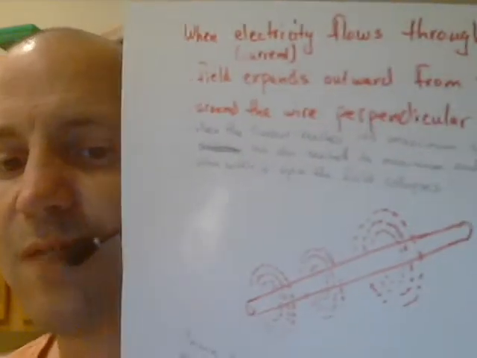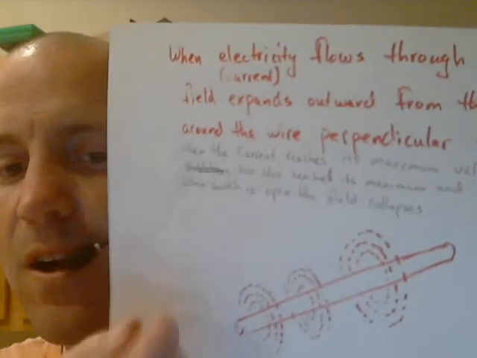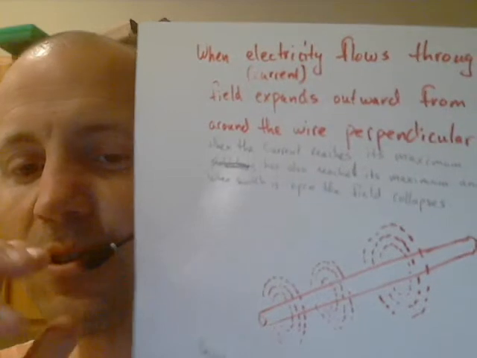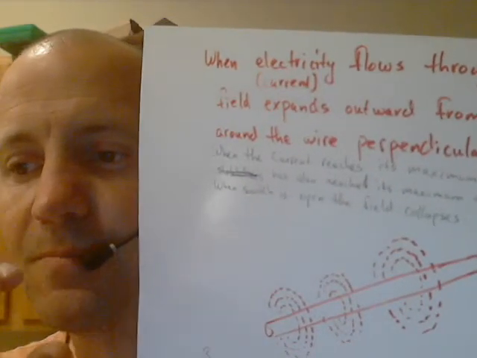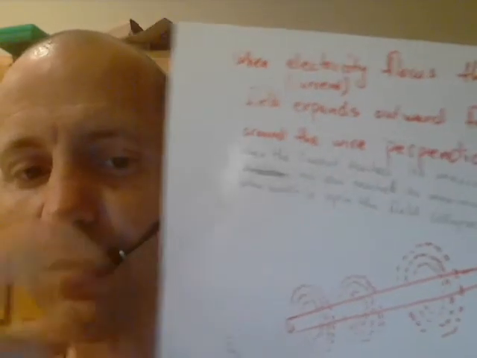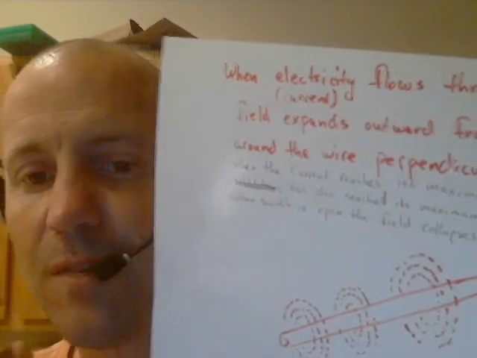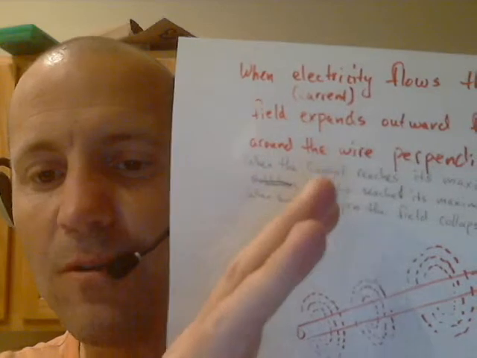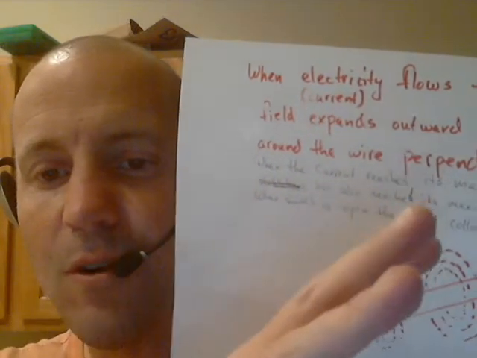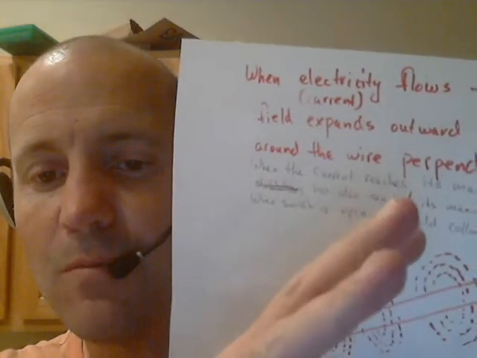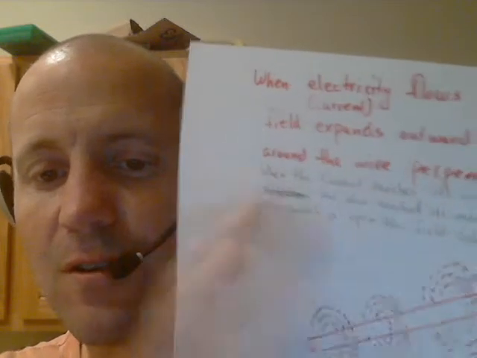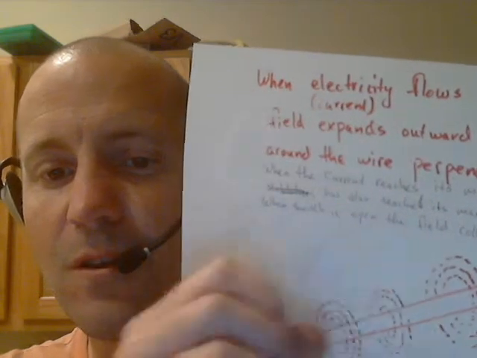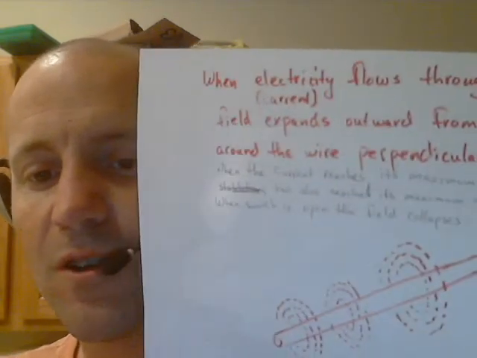So we can take advantage of this by wrapping our wire into a coil, so that we have a bunch of turns of wire right next to each other. As the magnetic field expands outward, it crosses through all of those turns of wire in the conductor, and it creates a whole lot of induction, a bigger induced voltage.